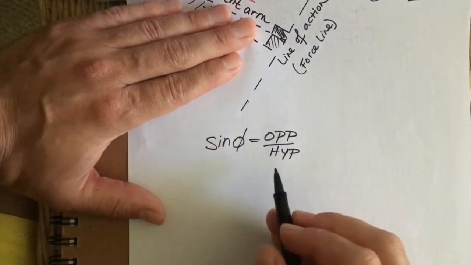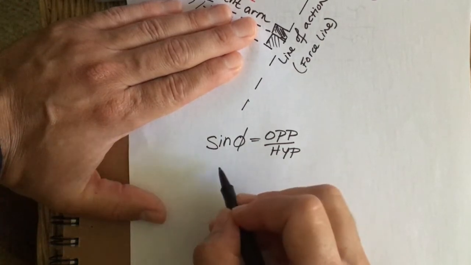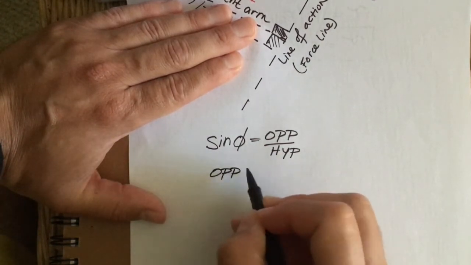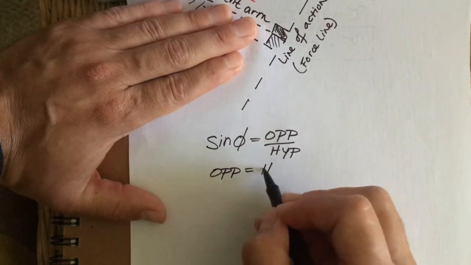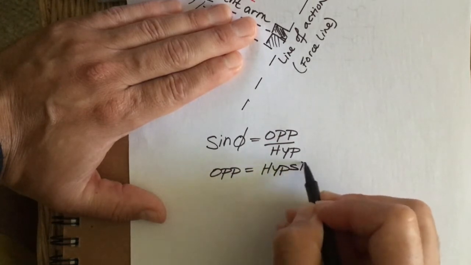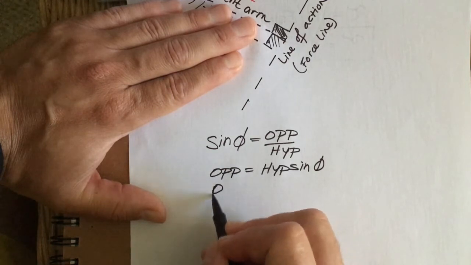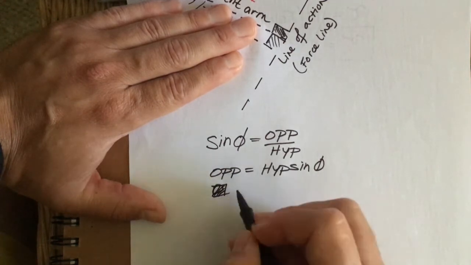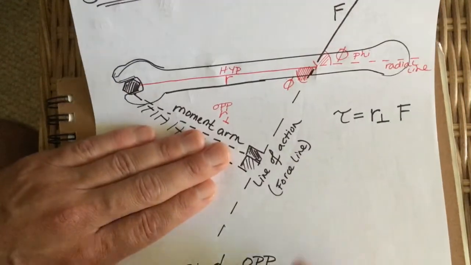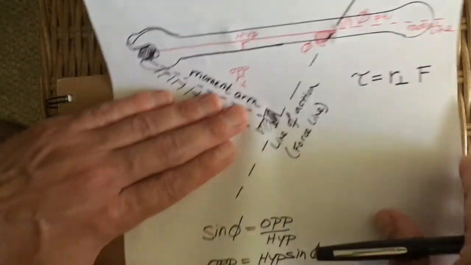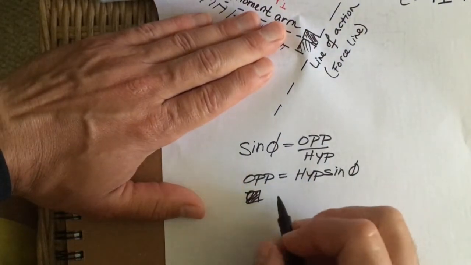And if that's true, then we can rearrange and say the opposite, which is what we're interested in, is equal to the hip sine phi. And the op then, which is also, in this case, known as what? R perp. And the hip is known as R. I can then sub those in down here.